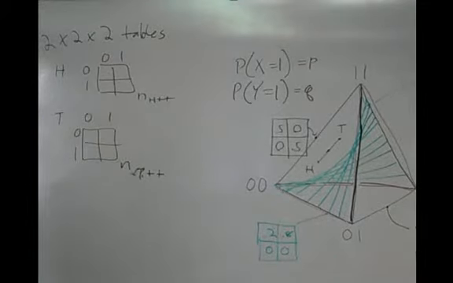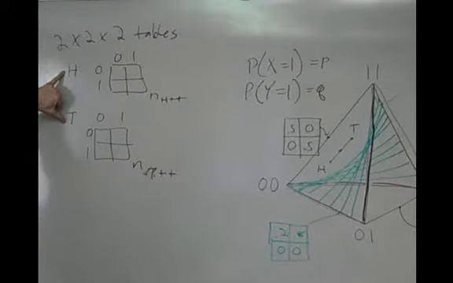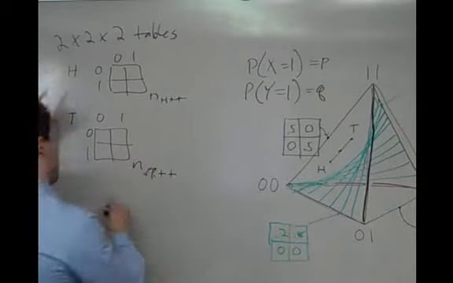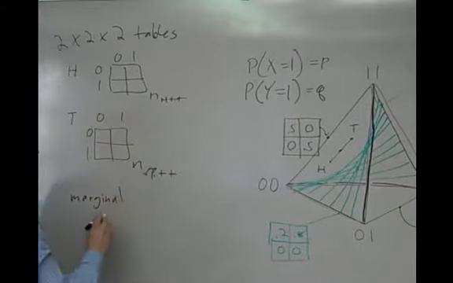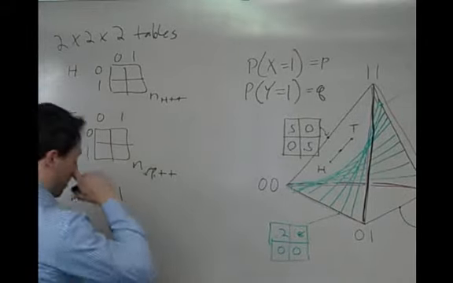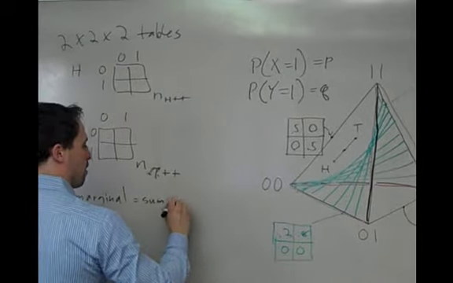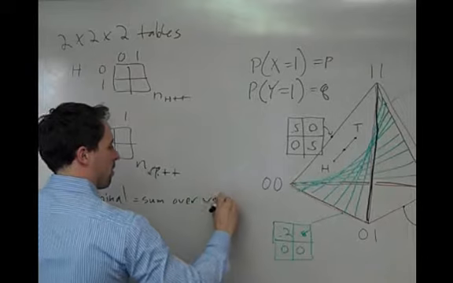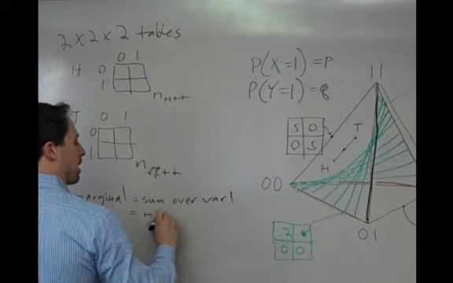That corresponds to the marginal distribution, the marginal where I sum over the first variable. So the marginal association, or the marginal table, sum over first variable, is somewhere in the middle.